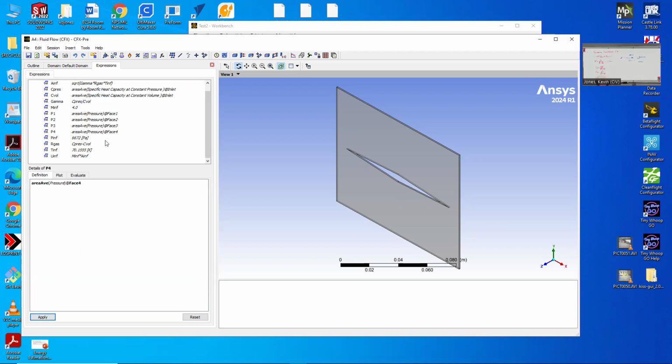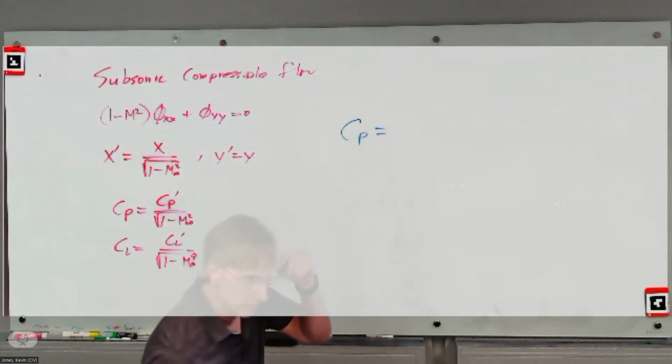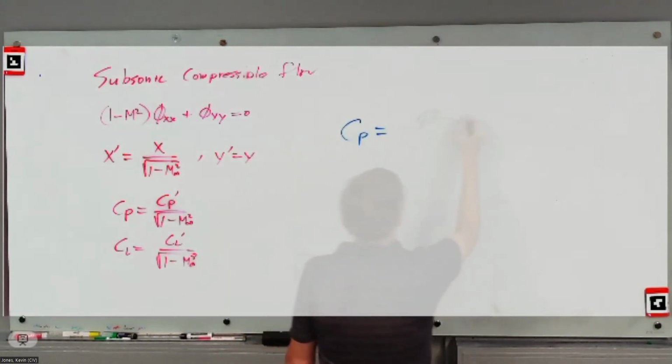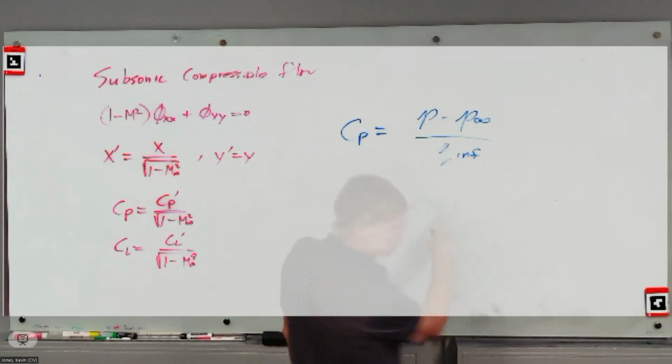We can also do pressure coefficients in here, and there's a handy shortcut we can take. What's the equation for CP? It needs the infinity dynamic pressure, and we haven't computed that.